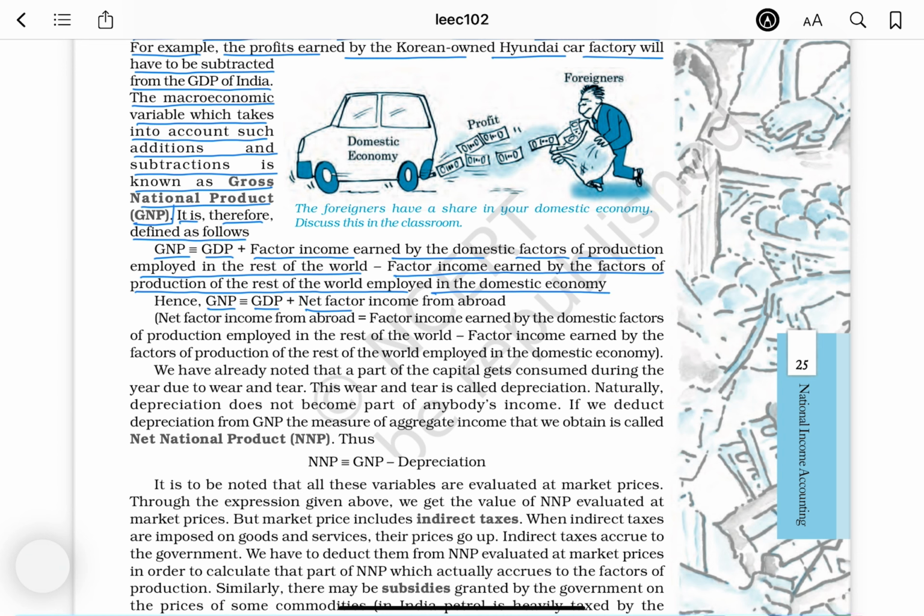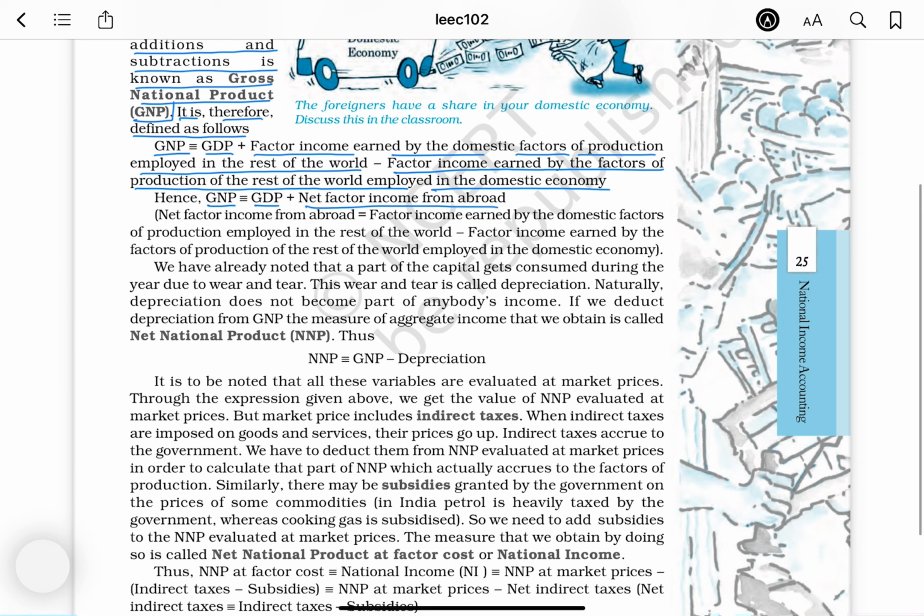Hence, GNP equals GDP plus net factor income from abroad. Net factor income from abroad equals factor income earned by the domestic factors of production employed in the rest of the world minus factor income earned by the factors of production of the rest of the world employed in the domestic economy.